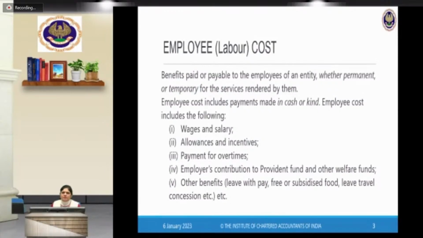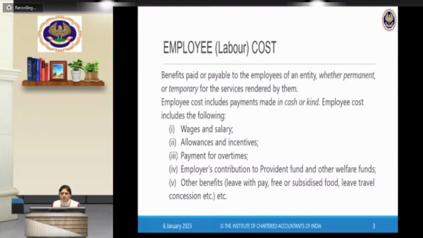Provident fund is a retirement benefit in which the employee contributes, and when the employee retires or leaves the organization, it is transferred to his account. Other benefits: leave with pay, free or subsidized food, LTC, etc.